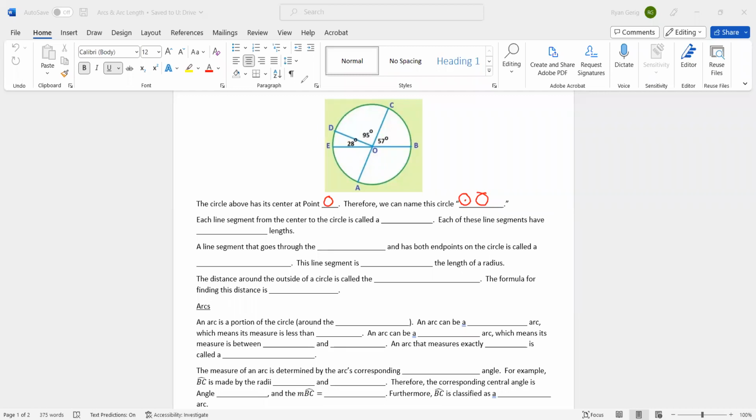Each line segment from the center to the circle is called a radius. You might have heard that before. You probably have. Those are each called a radius. Plural, it's radii. Each of these line segments have congruent lengths. All radii in one circle are congruent.